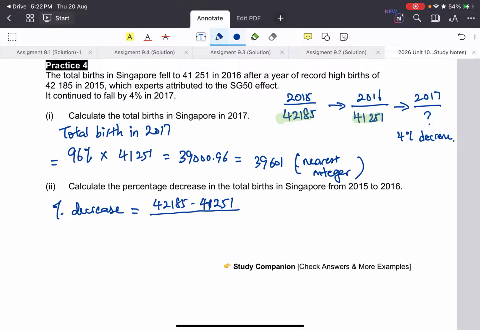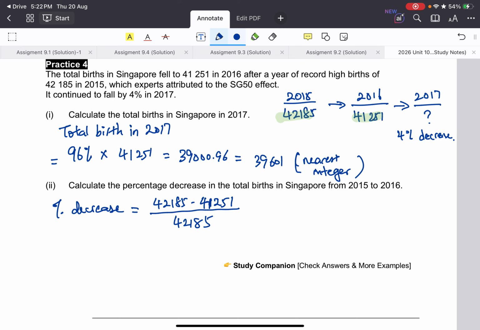In this case, the original is 2015, which is 42185, times 100%, which gives us 2.21405%, which is 2.21% in 3SF.